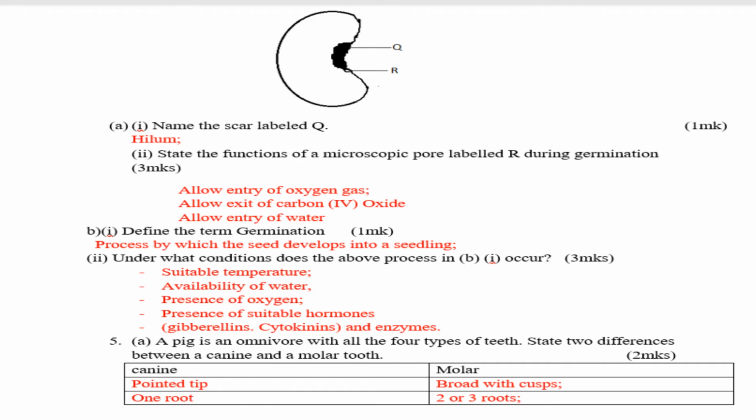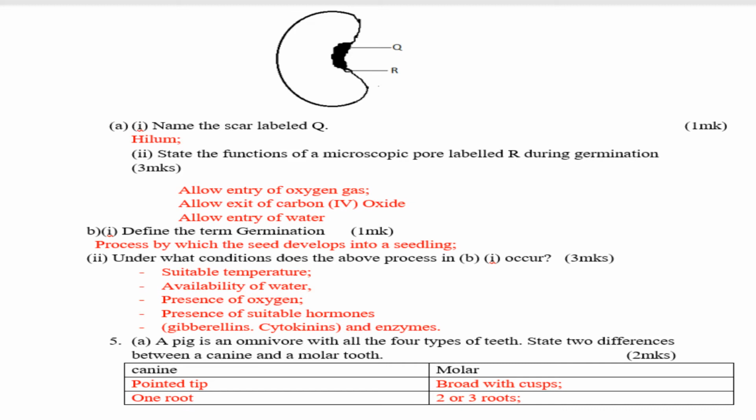Number 1 is to allow entry of oxygen gas. Remember, oxygen is a requirement for germination. Number 2, to allow exit of carbon dioxide. Then the last one, allow entry of water.